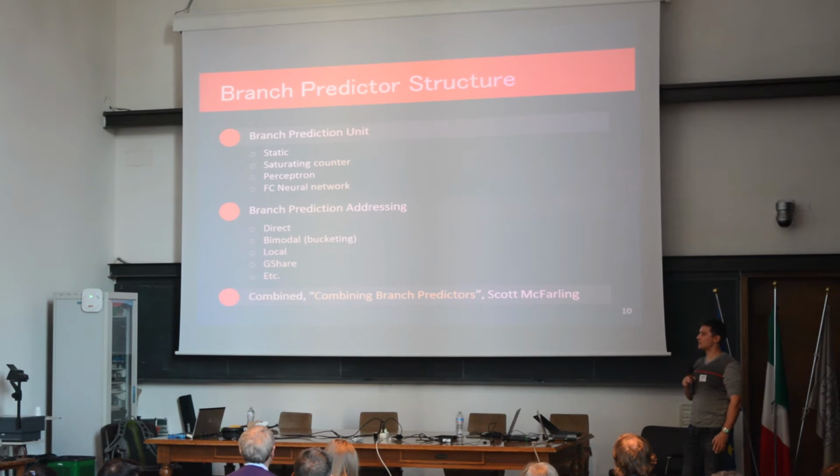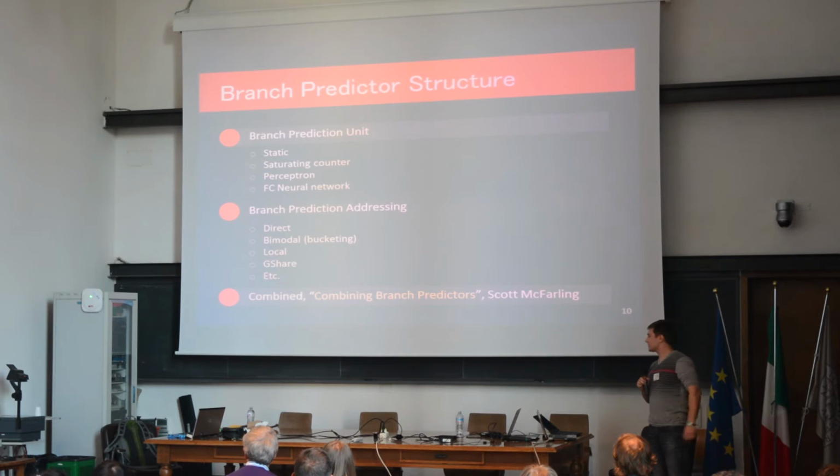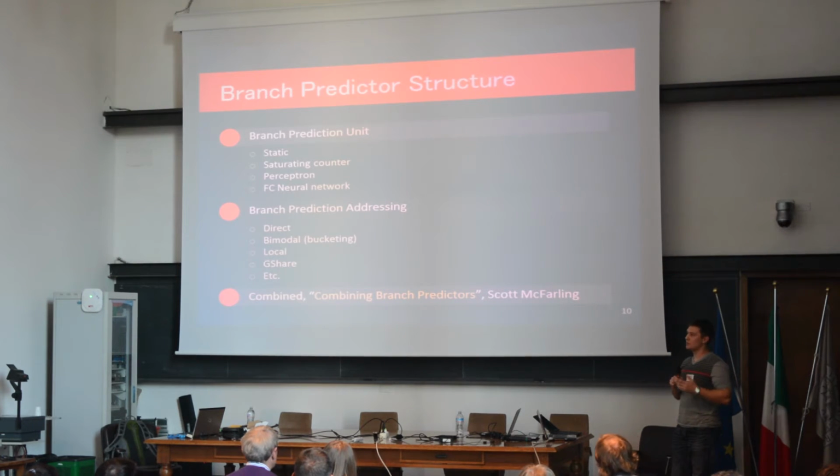And the units are the static unit, which is used in the Cappuccino, then the saturating counter, which is commonly known, perceptrons, and neural network, and stuff like that. And also, we are able to combine, well, currently only two predictors using the saturating counters approach suggested by Scott McFarling. But also, we are planning to expand that approach.